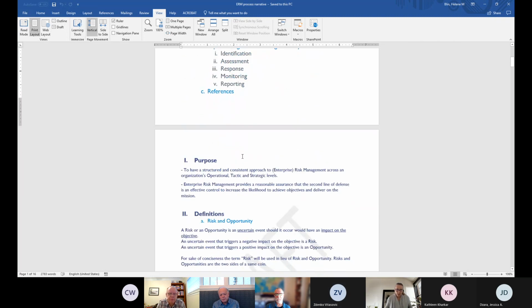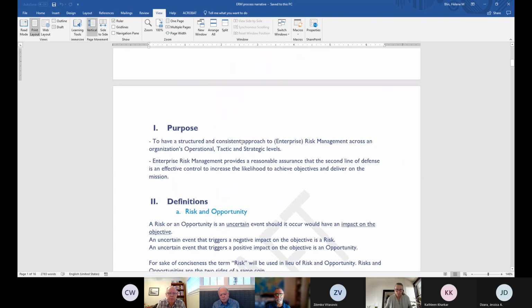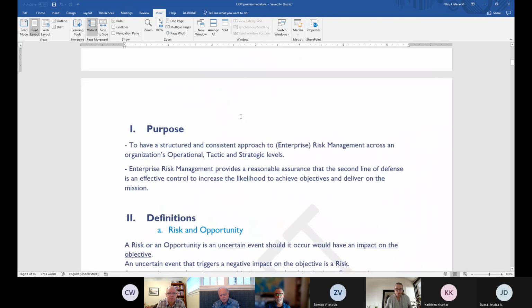So now going into the weeds, chapter by chapter. So the purpose: to have a structured and consistent approach to enterprise, and I've put it in between parentheses because that works for enterprise risk management, it works for risk management as a whole, across an organization's operational, tactic, and strategic levels.